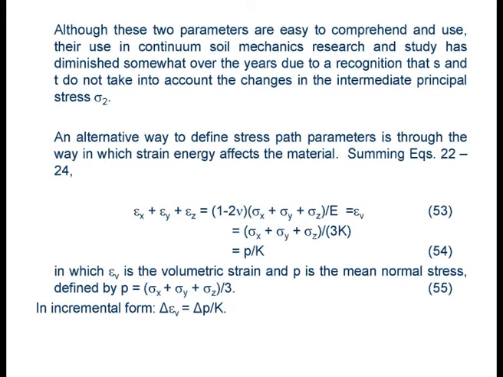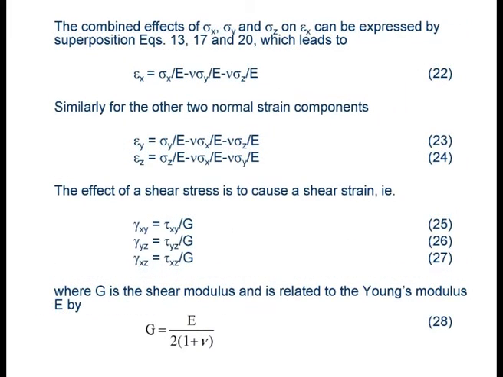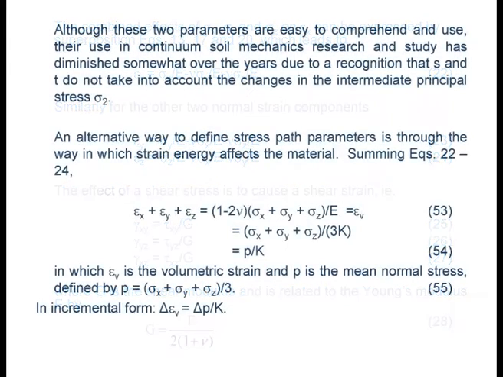You can easily show that it's equal to this based on those three equations. The three equations that I was referring to are these, right at the start, equations 22 to 24. You just add up everything on the left-hand side, and that is equal to everything on the right-hand side added up. And then you will get something that looks like that.